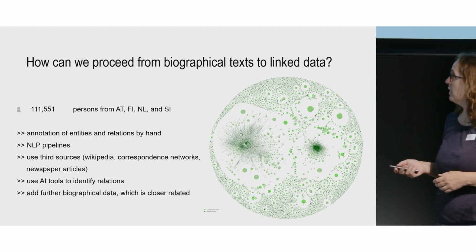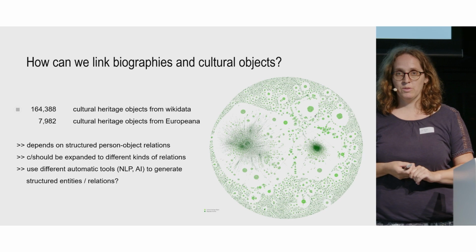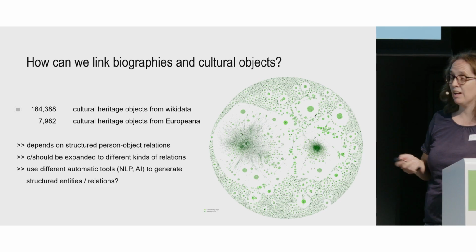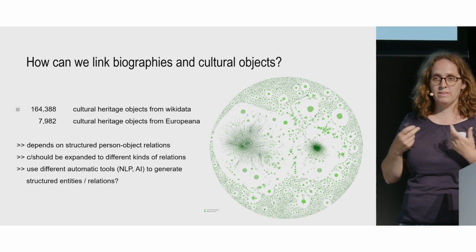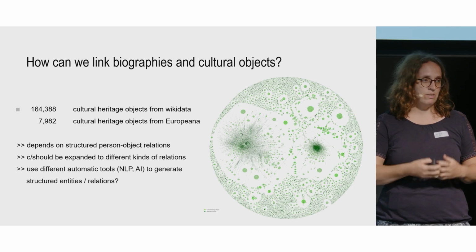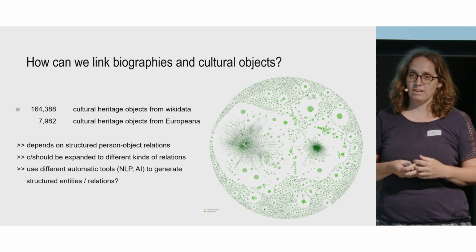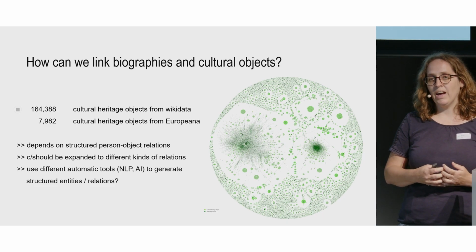If you look at cultural heritage objects, you see there is a huge imbalance in the number of objects that we have from Wikidata and Europeana. And as we said, the problem is that we need this kind of structured relations and structured data. That was challenging for us to find in Europeana.